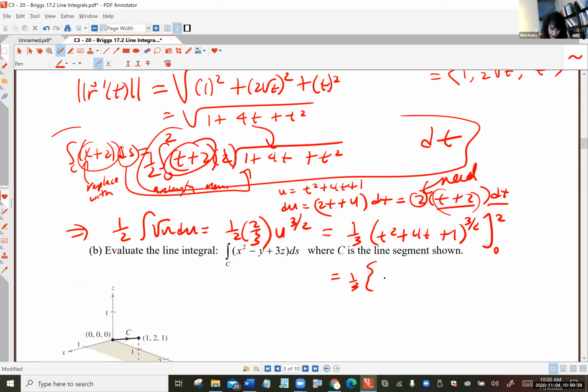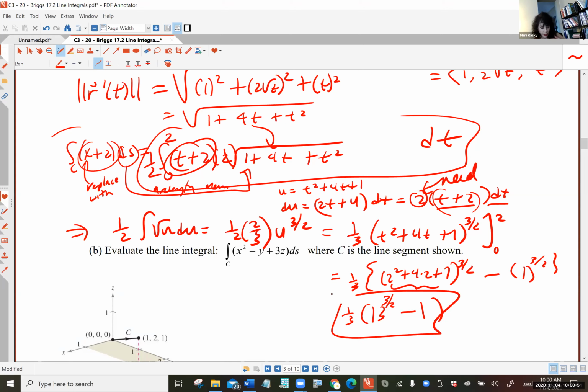Oh my God, you'll get 2 squared plus 4 times 2 plus 1, that whole thing to the 3/2, minus, and then when you plug in the 0, that's just 1 to the 3/2. So that's just 1. But this right here is like 13. So I'm just going to leave it as 1/3 times the quantity 13 to the 3/2 minus 1. That's good enough for government work, okay?